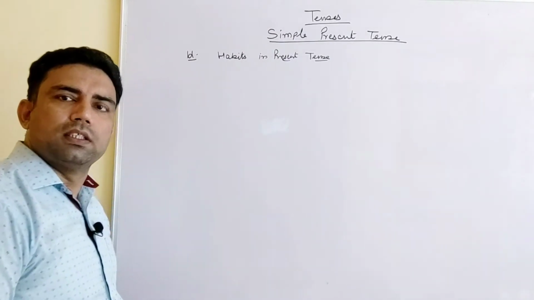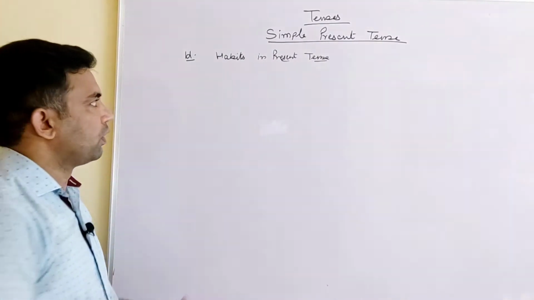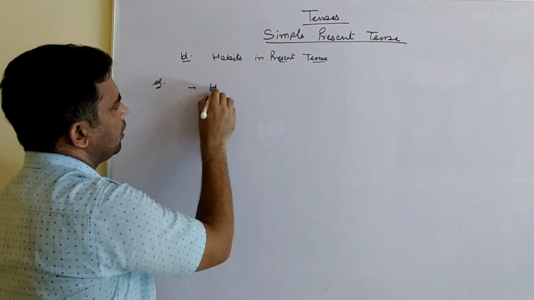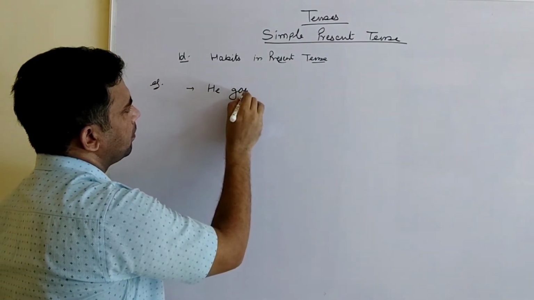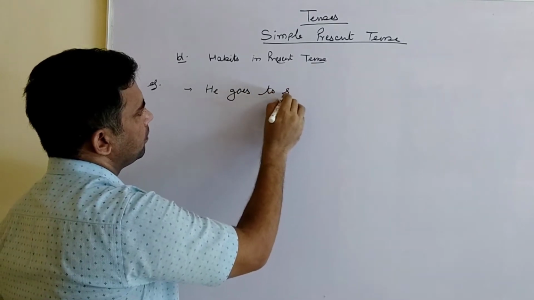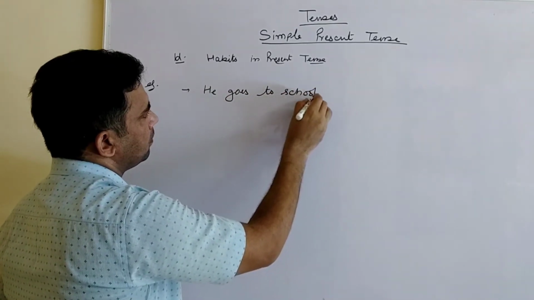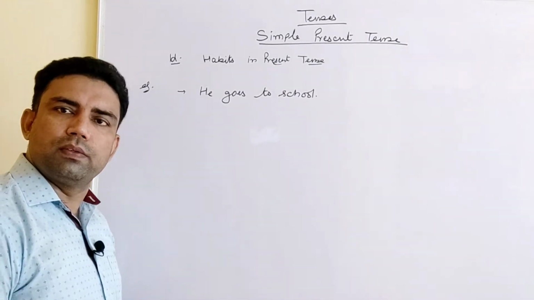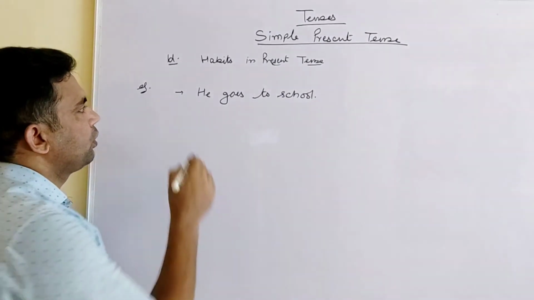Habits of the subject. For example, he goes to school. It is a habit. He usually goes to school, right? That is the habit of that person.